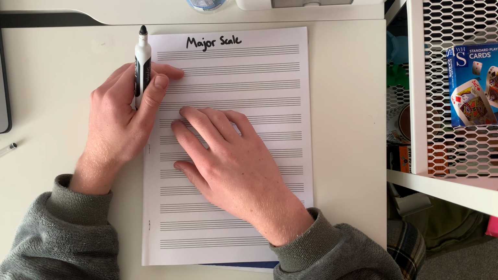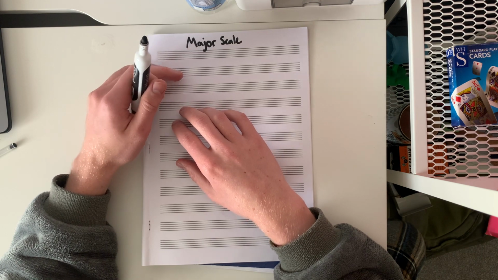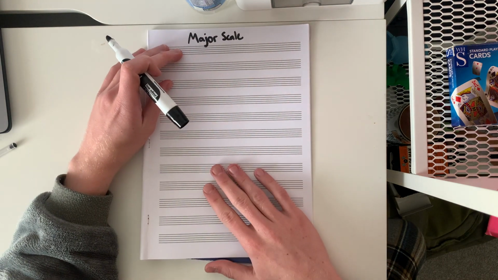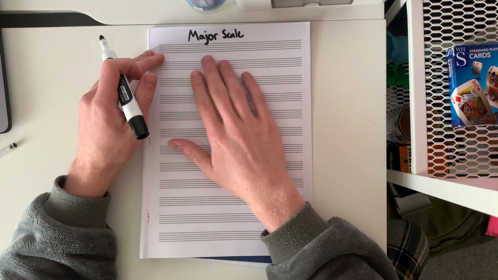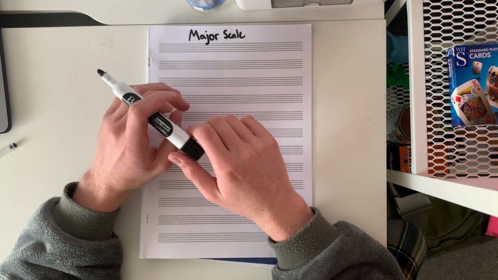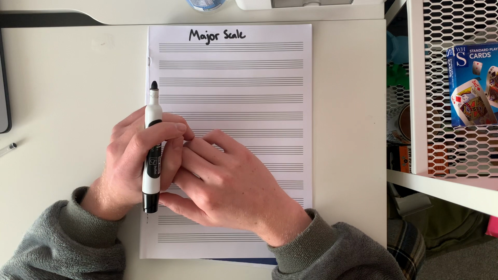After that, I thought we would talk a little bit about how we can recognize a major scale. We'll go through some solfege, which is kind of your do, re, mi, fa, sol, la, ti, do. And then on the manuscript here, we're going to have a go at writing out the major scale in our different keys. That is the plan for today.